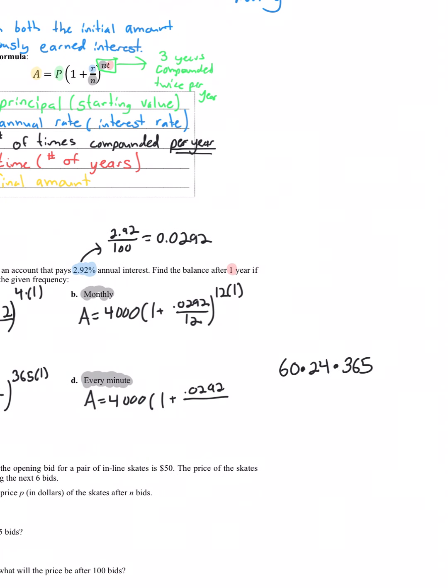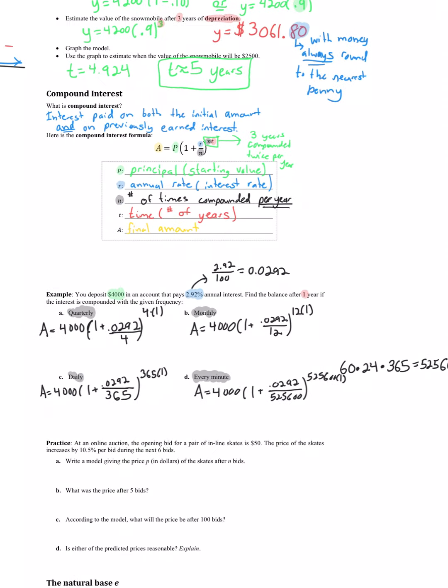We're not worried about a leap year and 366, we're just going to keep it simple and say 365 days. So it turns out in 1 year, there's 525,600 minutes. And we would just, again, replace n with 525,600 times 1, because we're only doing this for 1 year.